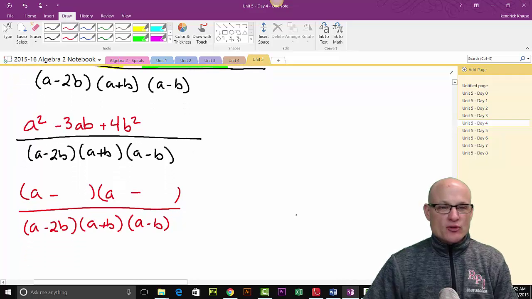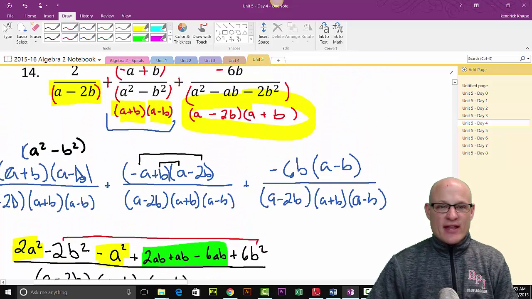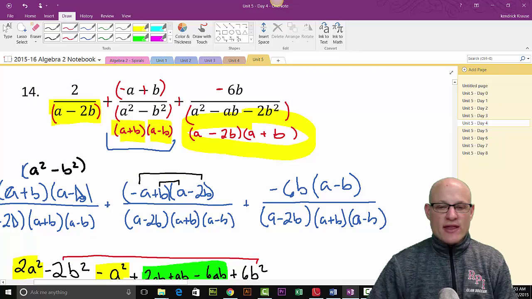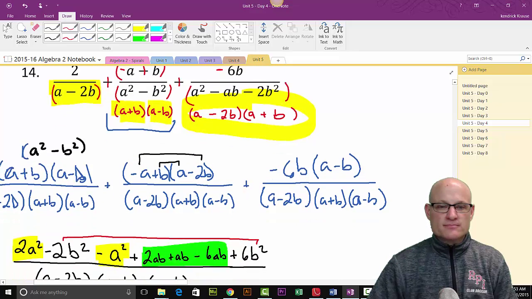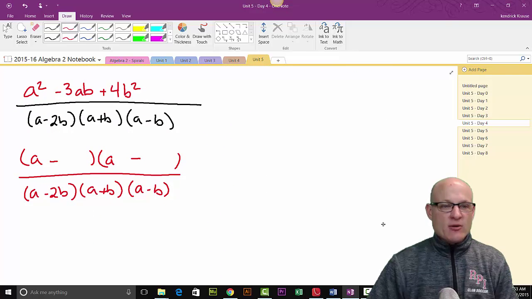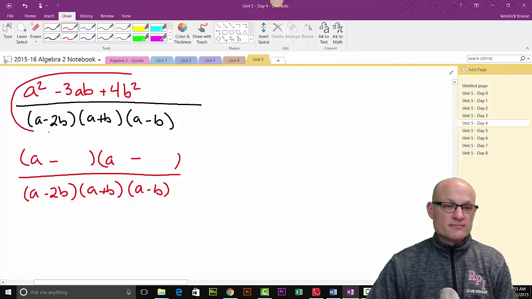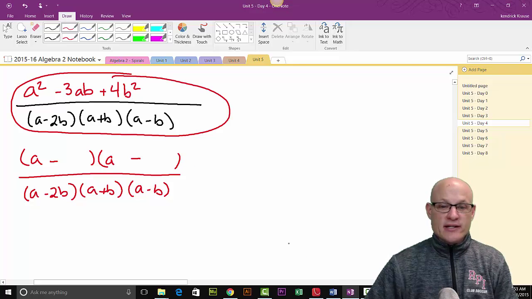I don't think anything multiplies to 4 and adds up to 3. 4 and 1. If that was a minus, it would be fine. It would be great if that was a minus, but it's not. I wish I could change that problem. Anyway, this does not factor. So there's your answer. And we are done.